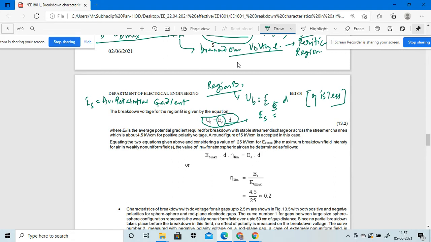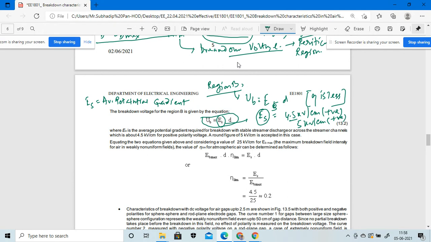what will be the values of my voltages? Obviously, it is 4.5 kV per centimeter for the positive polarity voltage, and roughly it should be 5 kV per centimeter at positive polarity.